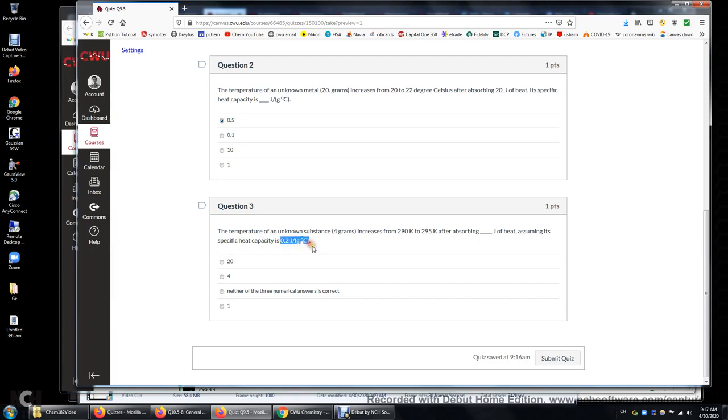So if you look at this value, you can replace degrees Celsius with Kelvin. 1 degree Celsius is equal to 1 Kelvin if we're talking about temperature change. And over here, we're talking about the change. So what we need to do is just 4 grams times 5 Kelvin times 0.2. The answer is 4 joules.